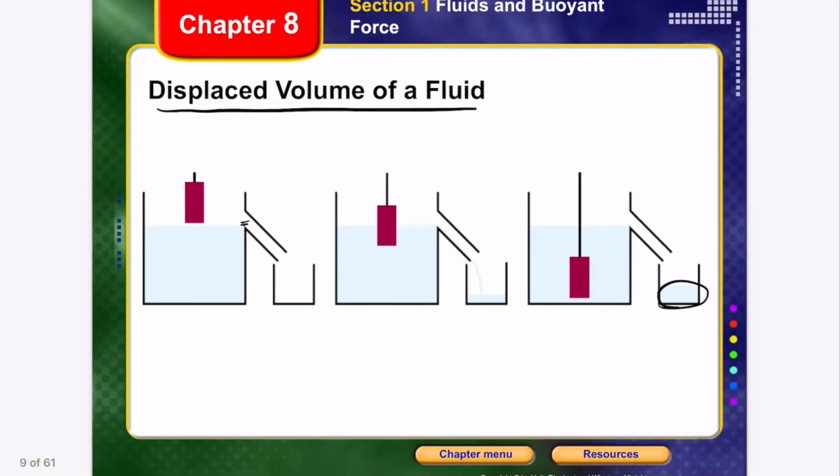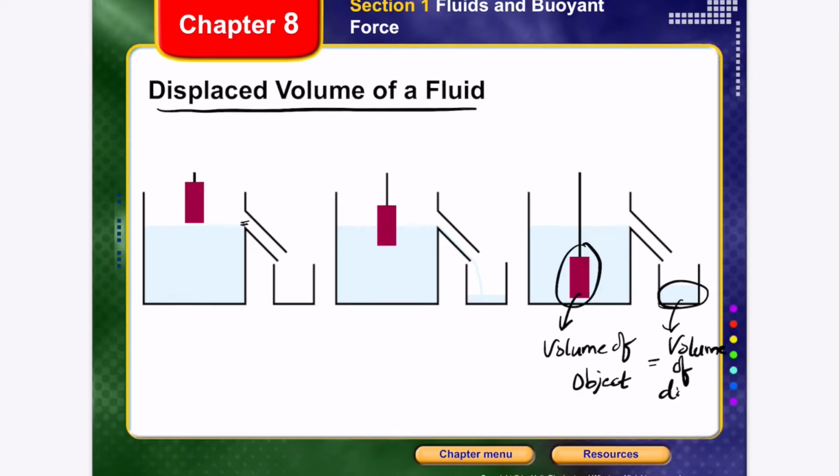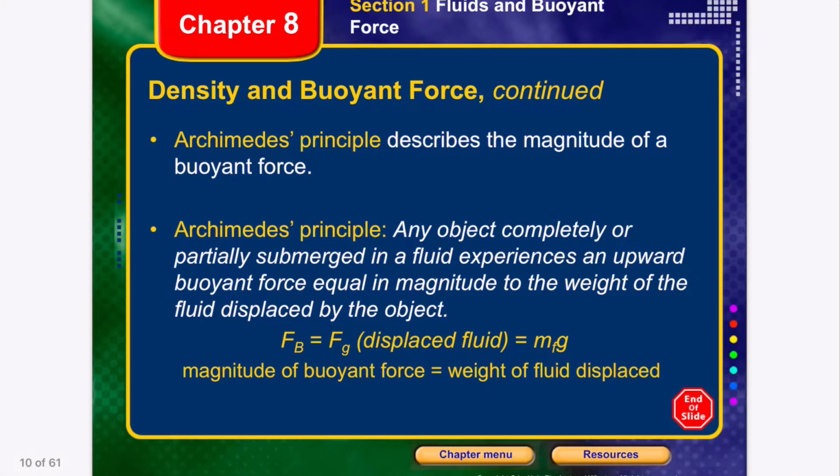What does the Archimedes principle state? It states that the volume of the object is equal to the volume of the displaced liquid.